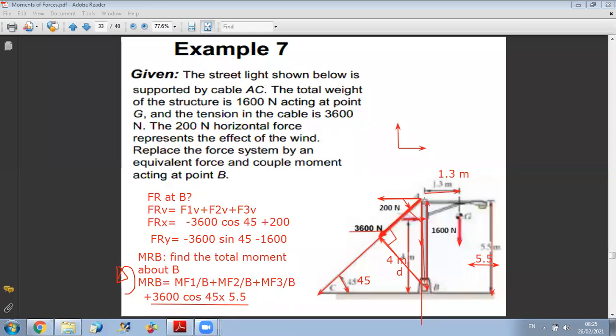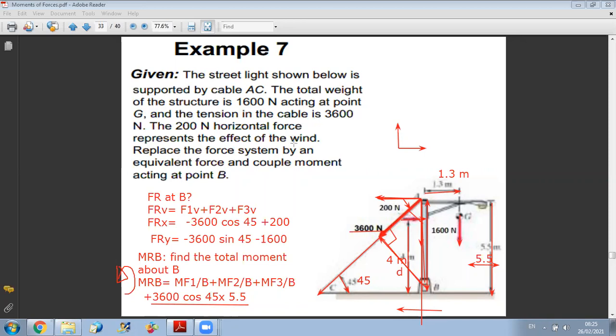If this component was down, it would create a negative moment. For the sign of the moment, you don't look at the sign of the component, you look at the direction of rotation produced by this component. So even if it's a negative x component, it's producing a counterclockwise moment. So it's a positive moment.